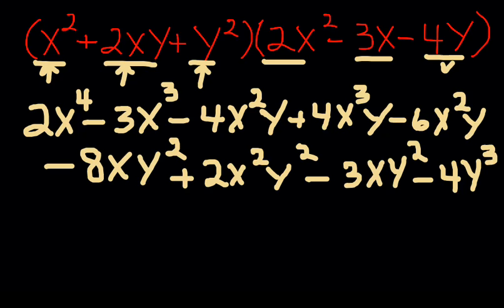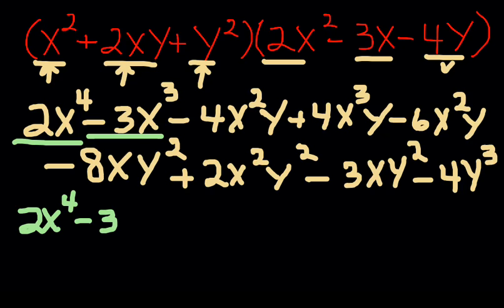I have to see now if there are like terms that I need to combine, and if there are, I'm going to do that. So I'll just start one term at a time. There's an x to the fourth. I don't see another x to the fourth, so I'm just going to write down the 2x to the fourth. Let's see, negative 3x cubed, and I'll look through here to see if there's another x cubed, and I don't see one.